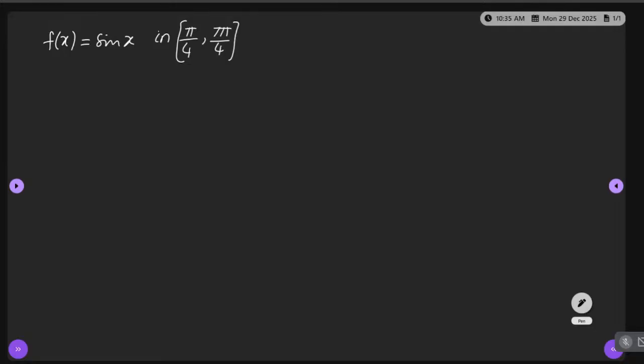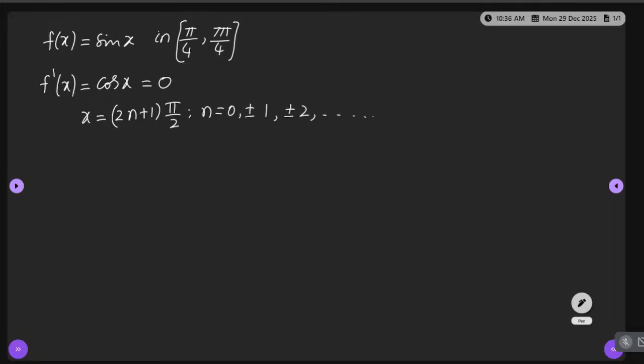Here, local minima means first you need to find f dash of x, cos x, and make it equal to 0. When will cos x be 0? x equals (2n plus 1) into pi by 2, for n equals 0, plus or minus 1, plus or minus 2, and so on.